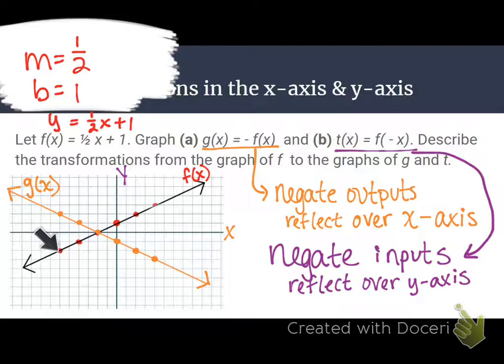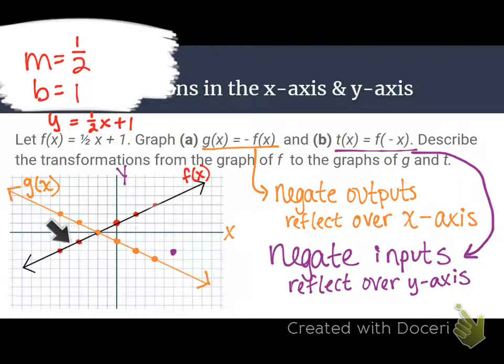How many units away am I from my y-axis? Let's see, it's kind of hard to tell. 1, 2, 3, 4, 5, 6. Okay, so we're 6 units on the left side, so I want to go 6 units on the right side to get a point there. 1, 2, 3, 4, 5, 6.